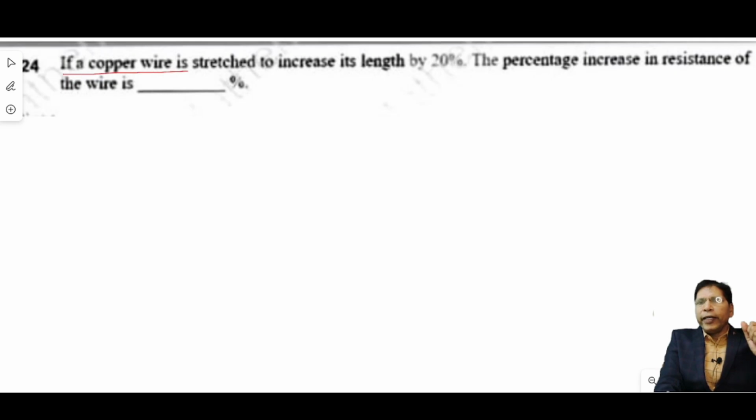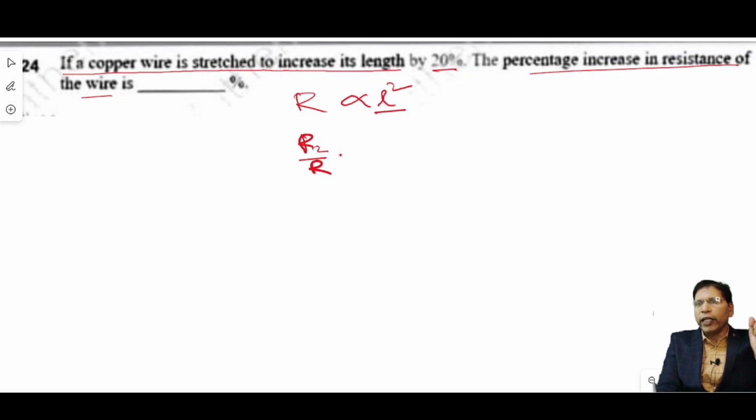If a copper wire is stretched to increase the length by 20%, find the percentage increase in resistance of the wire. For stretching, resistance R is directly proportional to the square of the length of the conductor. So R2 by R1 equals L2 by L1, whole square.